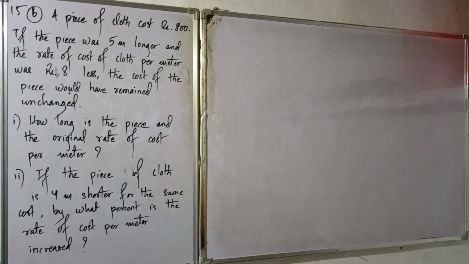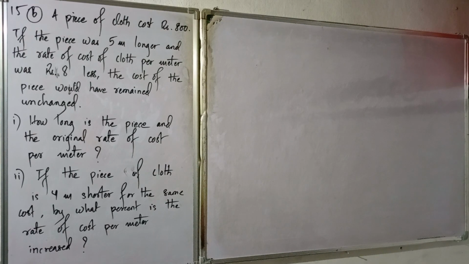Okay, so in 15B, the question goes like this: a piece of cloth costs rupees 800. We don't know how many meters long that piece is, and we don't know the original cost per meter of that piece of cloth.